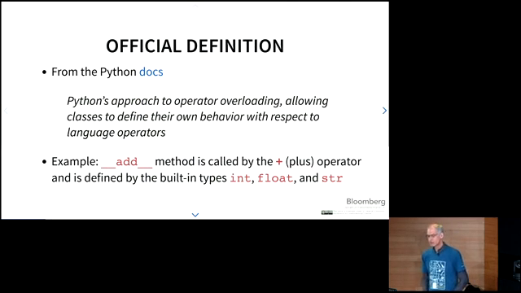The official definition from the Python docs is special methods are Python's approach to operator overloading, allowing classes to define their own behavior with respect to the language operators. So one example is Dunder add method, which is called by the plus operator and is defined by various built-in types such as int, float, and str.